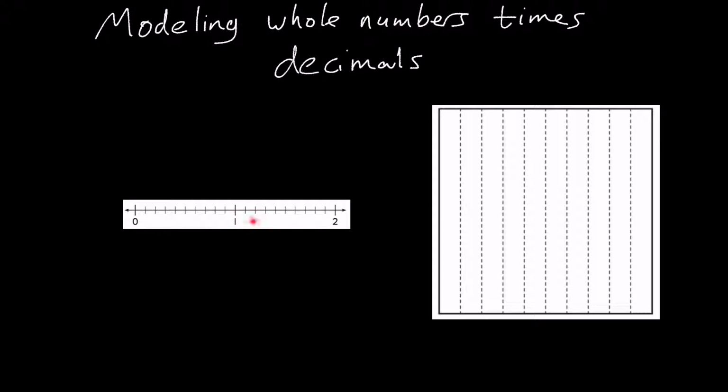And then if we look at our number line over here, we have 10 little segments to go from 0 to 1. So we have tenths in our number line as well, and there's also 10 going from 1 to 2. So with that known, let's start looking at some examples of how we can multiply whole numbers times decimals that go to the tenths place value and model them using these two models.